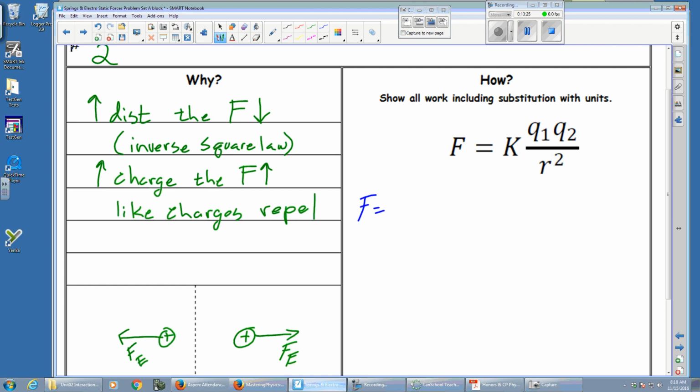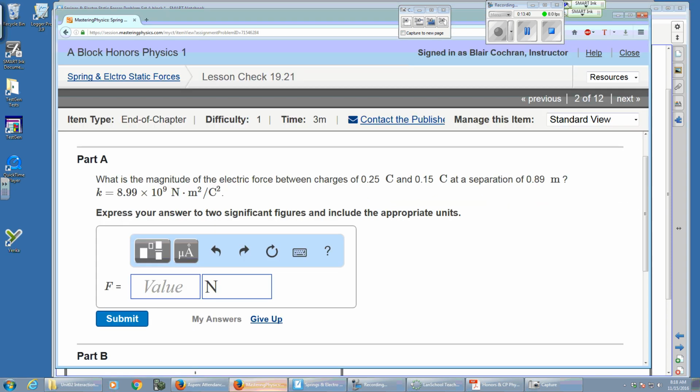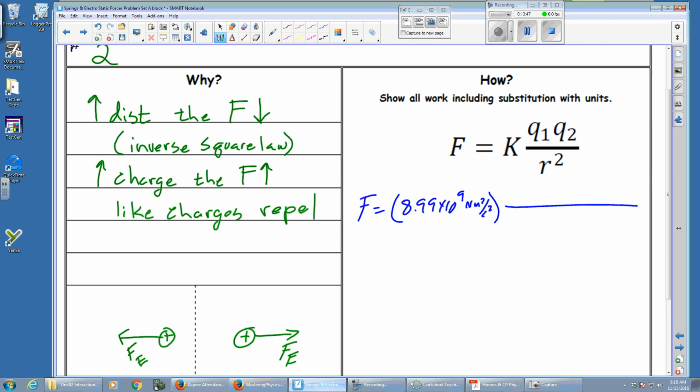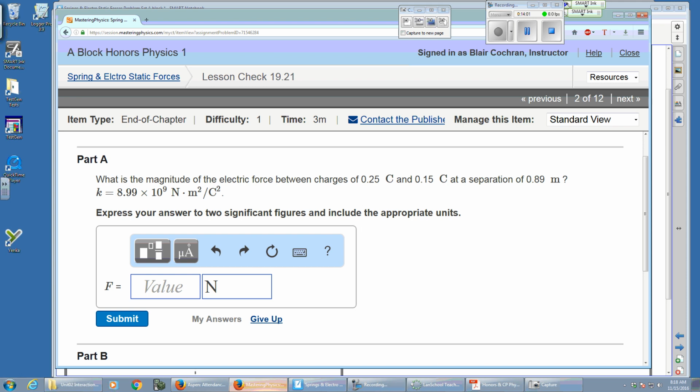So let's see. F equals K, which is 8.99 times 10 to the 9th newton meter squared per coulomb squared, over the two charges, 0.25 coulombs and 0.15 coulombs. Hey, they're already in our base units too. Over their separation, 0.89 meters.